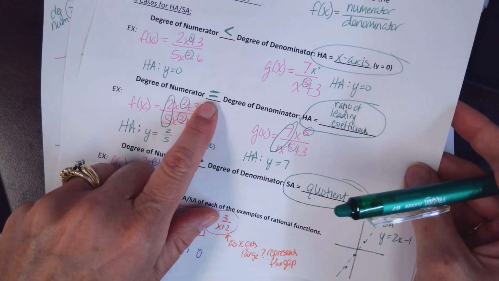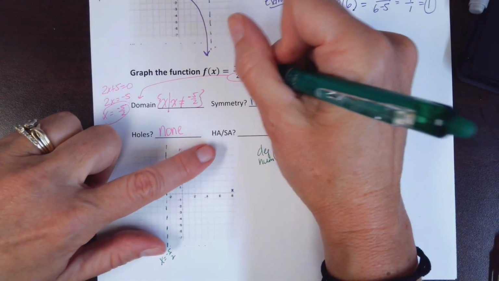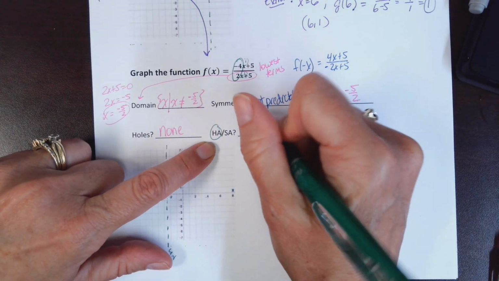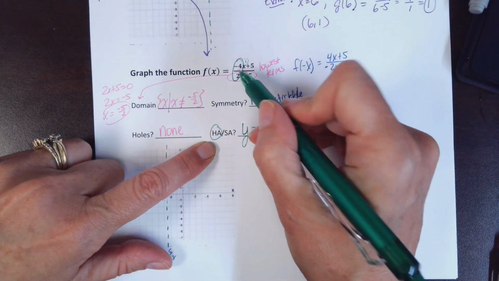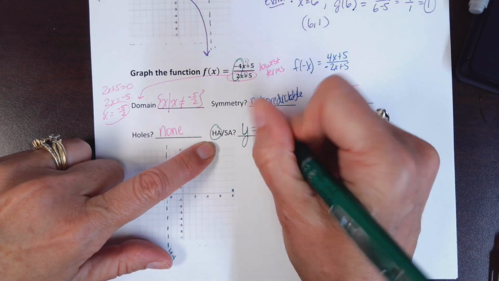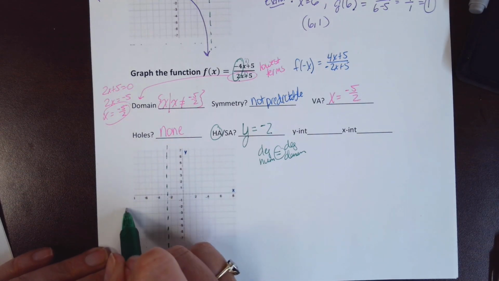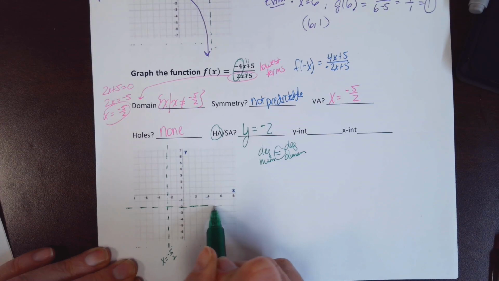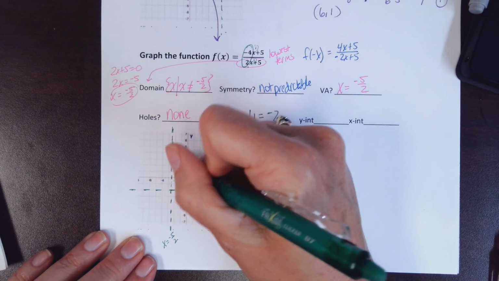When they are equal, I have a horizontal asymptote at the ratio of the leading coefficients. There are my leading coefficients. So horizontal asymptote at y equals negative 4 over 2, which is negative 2. So y equals negative 2. There's my horizontal asymptote. And I can see my quadrants, my structure for my graph.